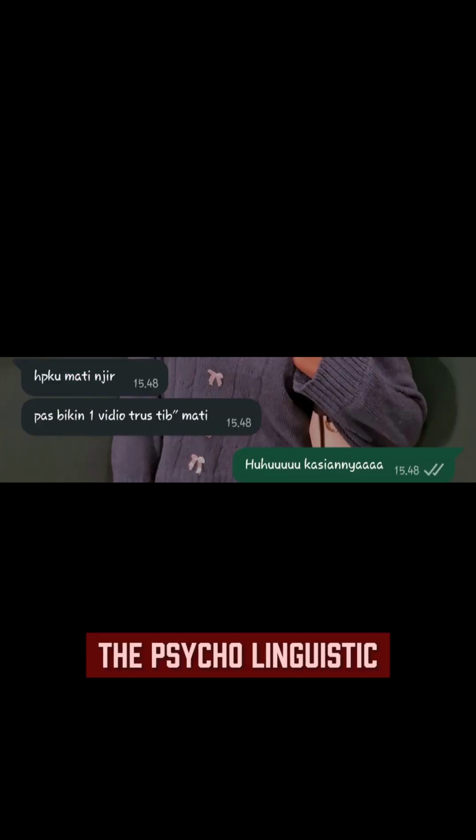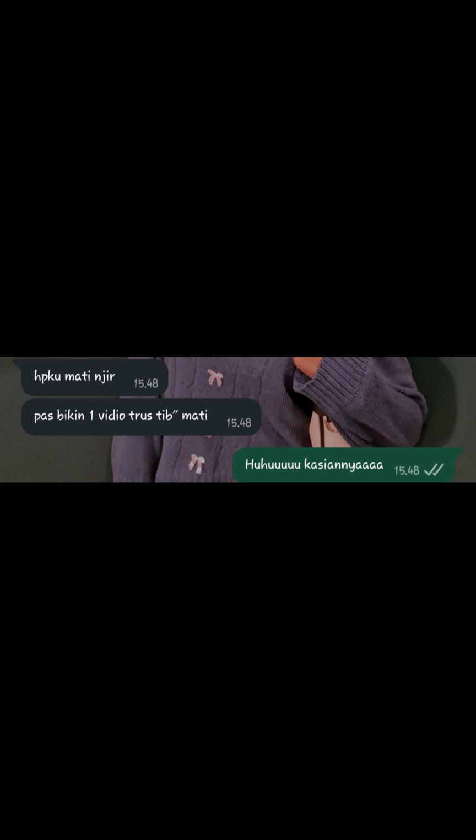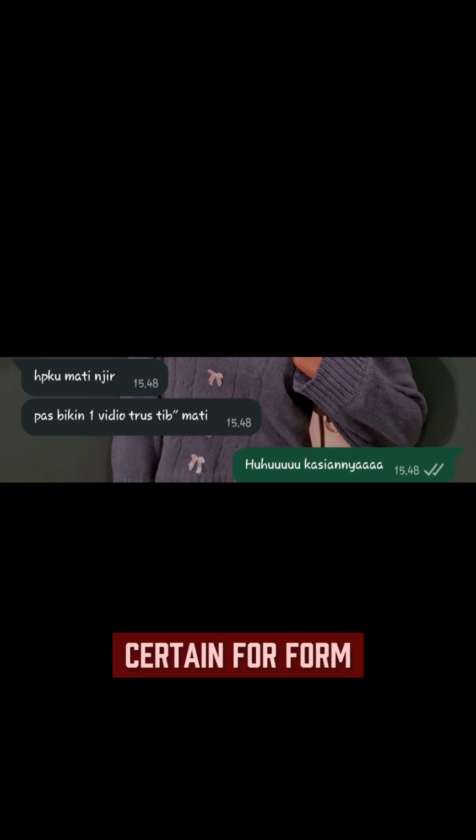Psycholinguistics observes the brain's process while speaking. In this message, the word tip is a shortened form of tiba-tiba, or suddenly, but it is misstructured. This is a type of speech production error.